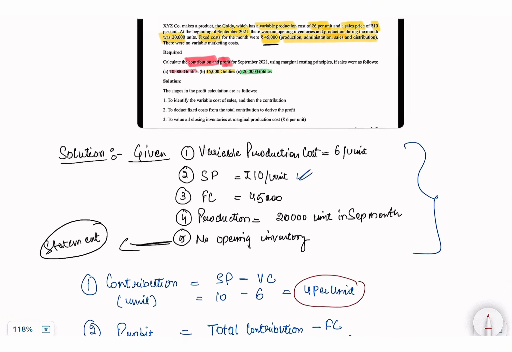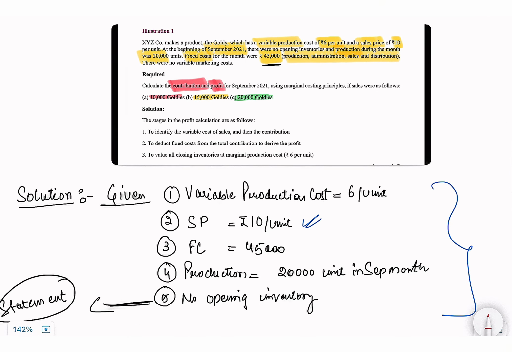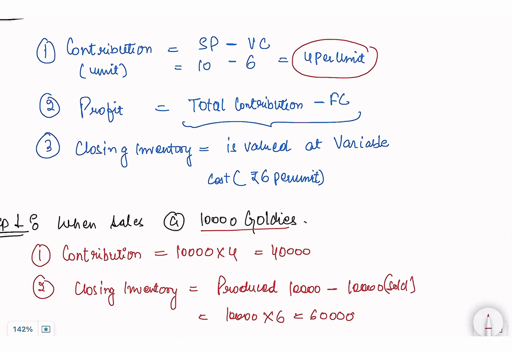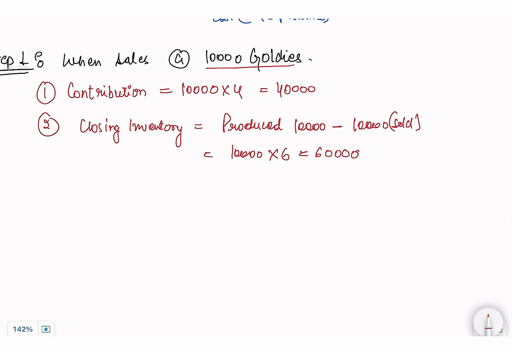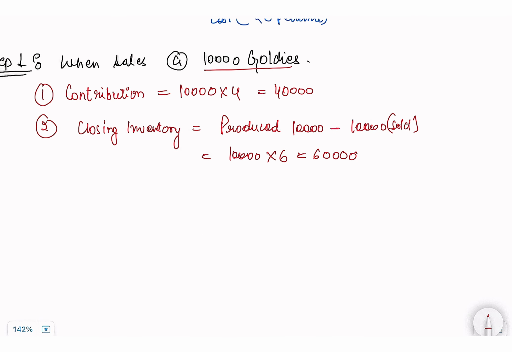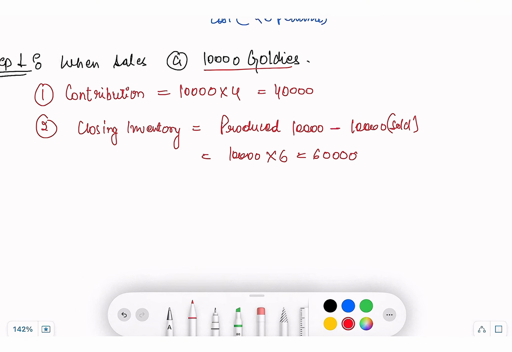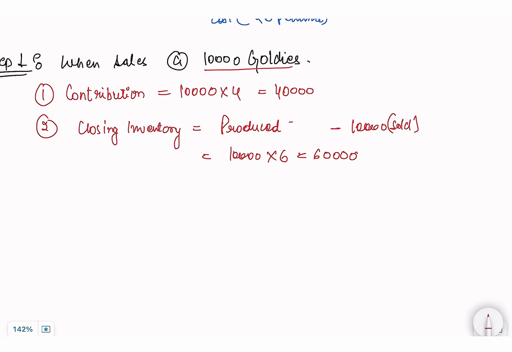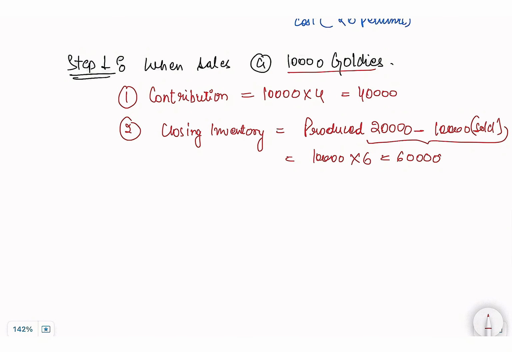Wait, let me see the question first. No opening inventory. The production during the month is 20,000 units. Oh, it's going to be 20,000. Wait, let me erase this. That's why I'm being confused here. 20,000. Okay. So these are the remaining units.